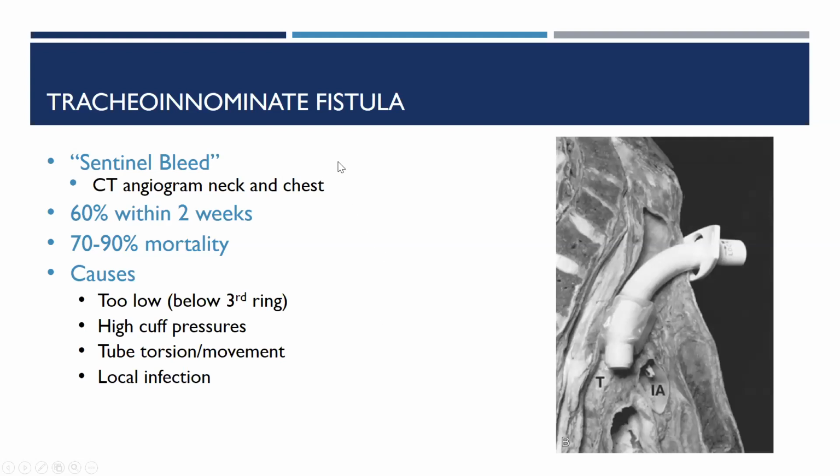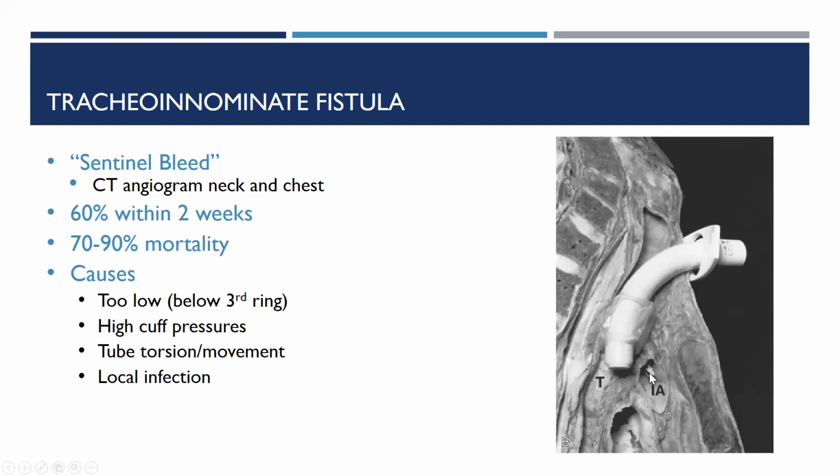Like I mentioned before, there was a patient that had a really high riding innominate and we aborted the case. If the innominate artery, IA, comes up really high into the patient's neck, above the clavicles, this trach being in here and moving around, constantly causing mucosal irritation right up against the innominate artery, can cause a hole between the tracheal wall and that artery.